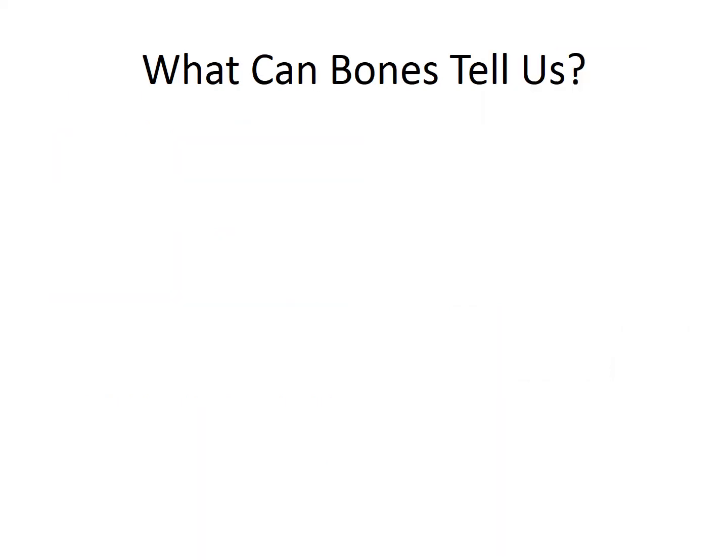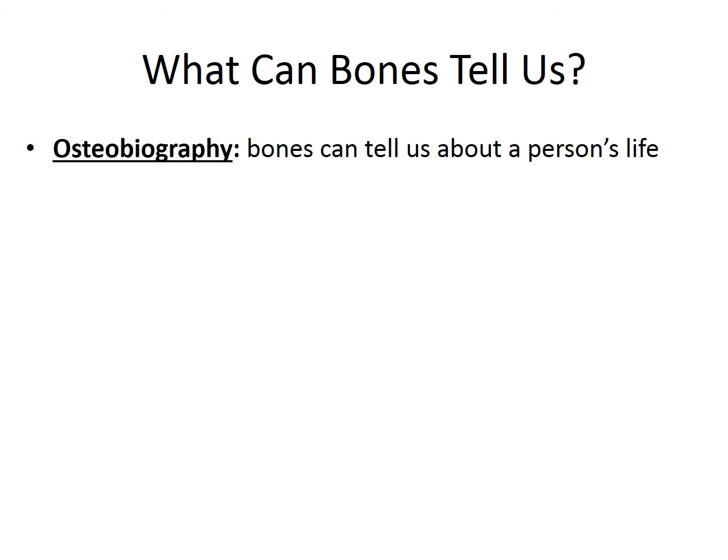So bones can tell us a great deal. Sometimes we refer to it as an osteobiography, so the biography of the bones. Paleoanthropologists take a look at the bones of human remains from eons ago, and they can find times that food was more scarce because there's growth rings in the bones, just like there's growth rings in a tree.